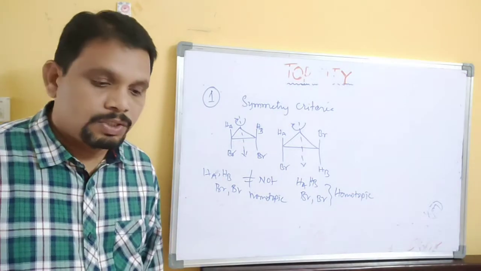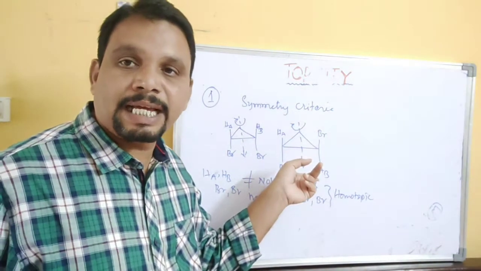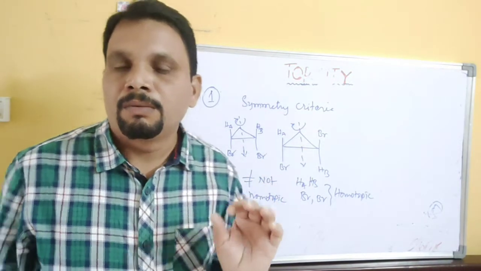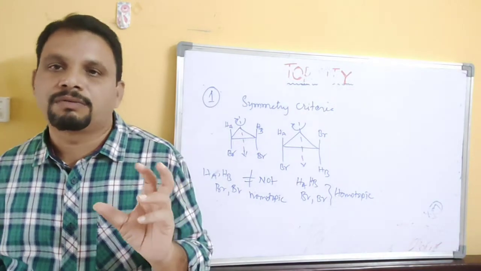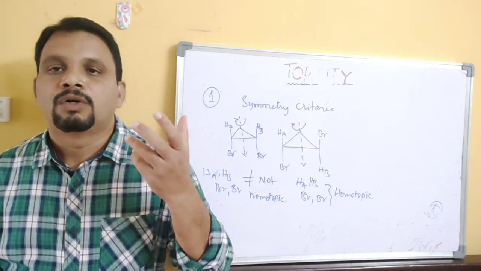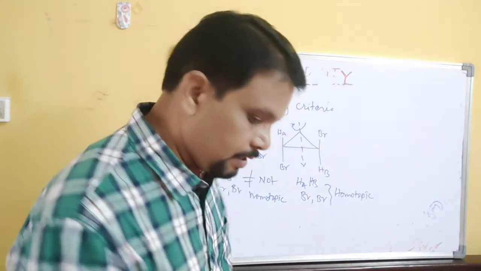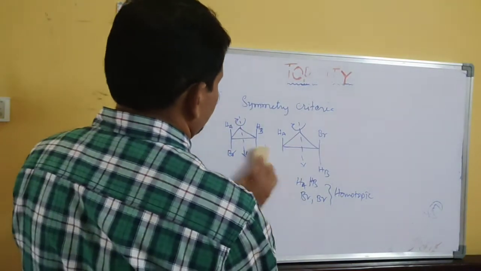Because of this symmetry criterion, the CN axis of symmetry, we are able to identify whether they are homotopic or not. Okay, so that is the symmetry criteria, and I will give some more examples on this.